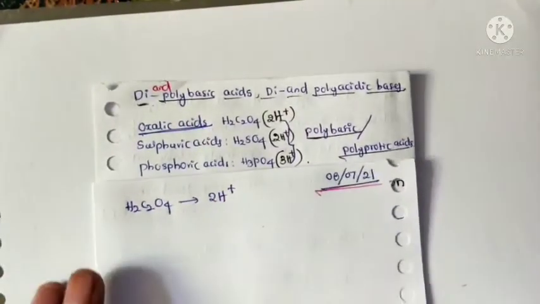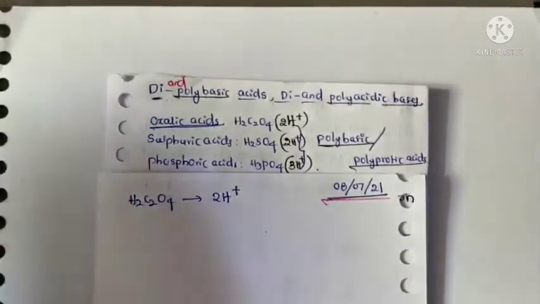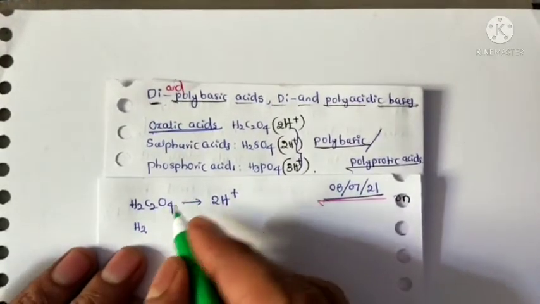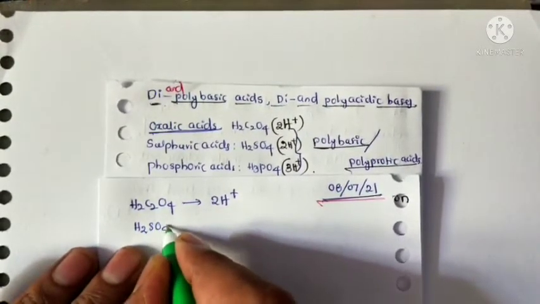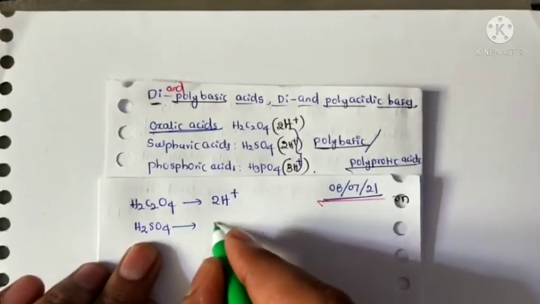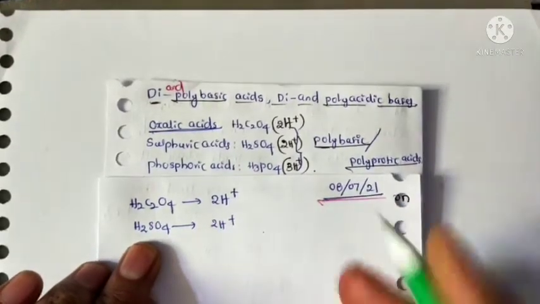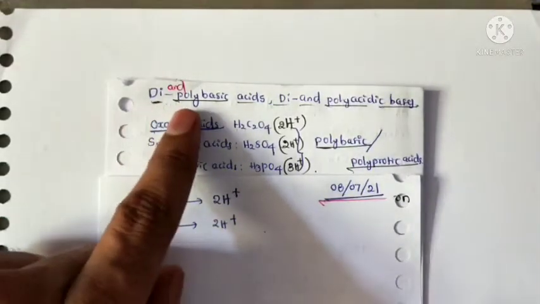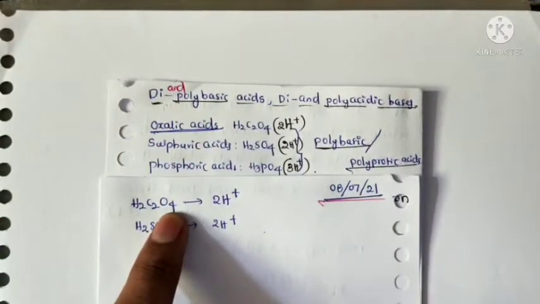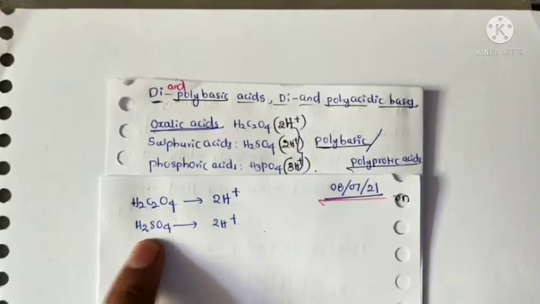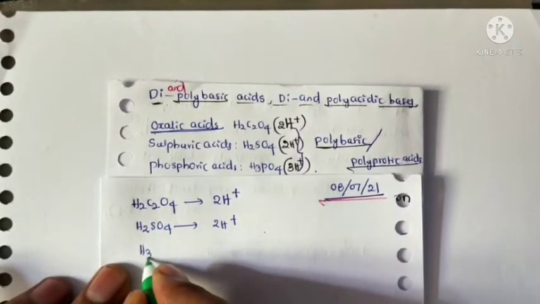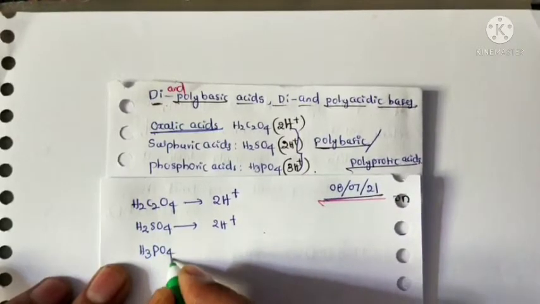Sulfuric acid also has two hydrogen atoms, that's why these acids are called dibasic acids. Next, phosphoric acid, H3PO4.